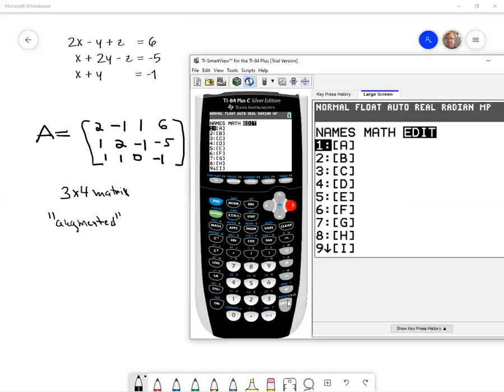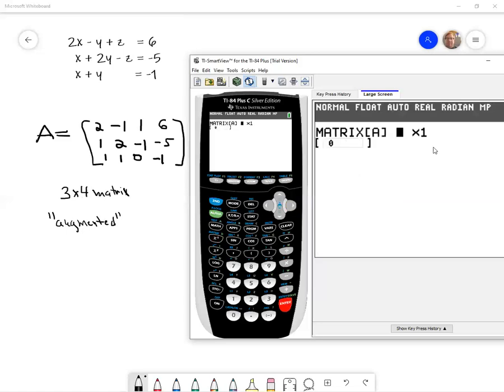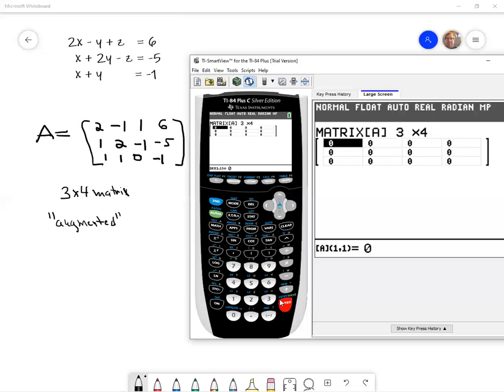Okay, so I'm going to edit A, and it's asking me for the size. So I need a 3x4 matrix. So click 3, enter, 4, enter, and you'll see that now I have something of the right size. Now I just put in the numbers, in the same order. So I have 2, minus 1, 1, 6. 2, enter, minus 1, enter, 1, enter, 6.